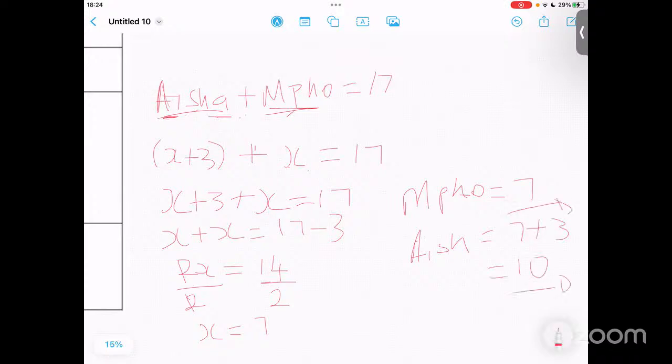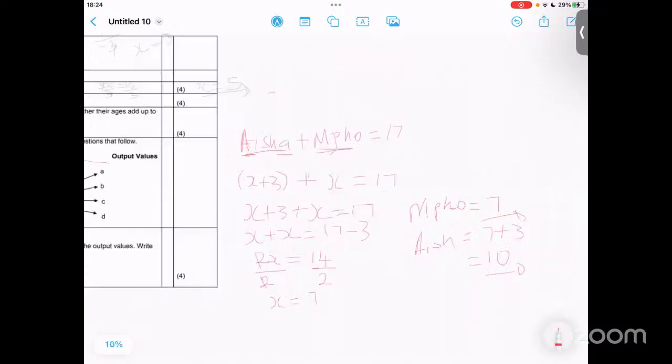So you can choose whoever you want to make their age X. Just make sure that you don't confuse the other one. Remember, Asia is 3 years older, and then Mpo is 3 years younger. That's why here we're having x minus 3, and here you're having x plus 3, because the extra age is 3, which is the 3 years older. Okay, do you now understand it?